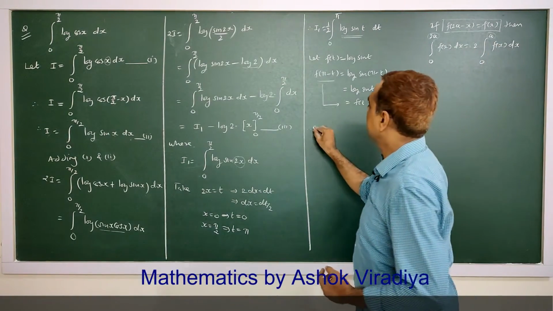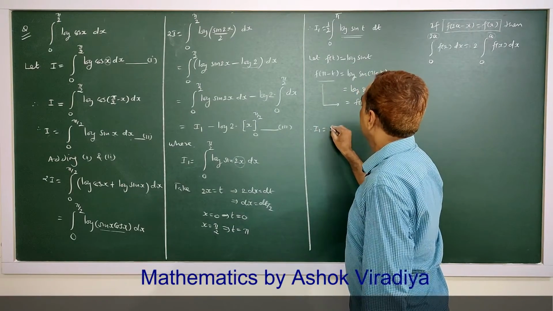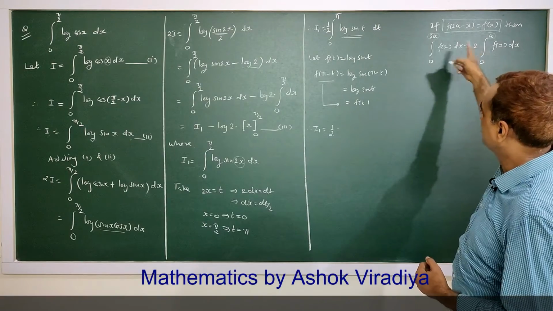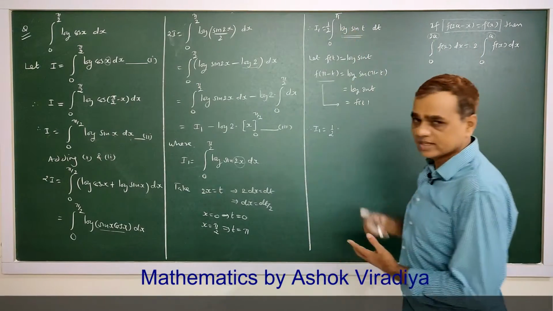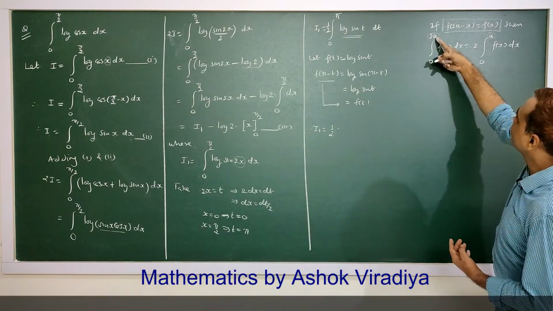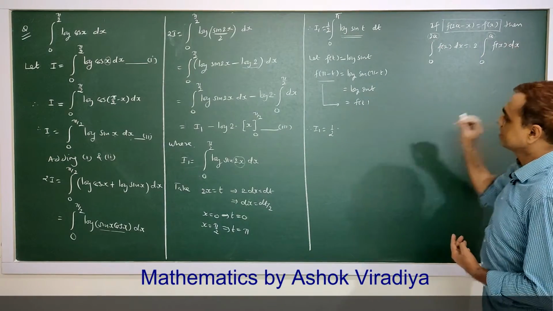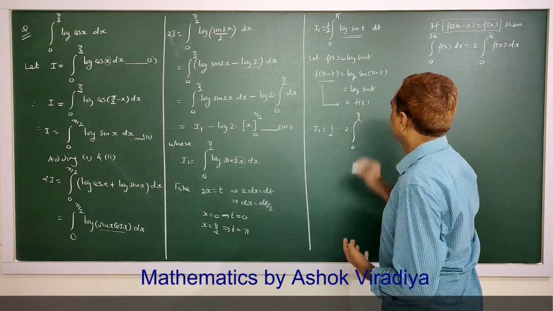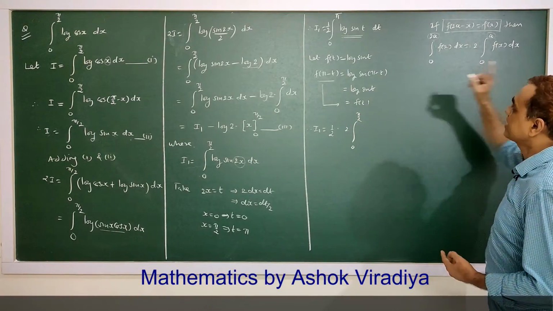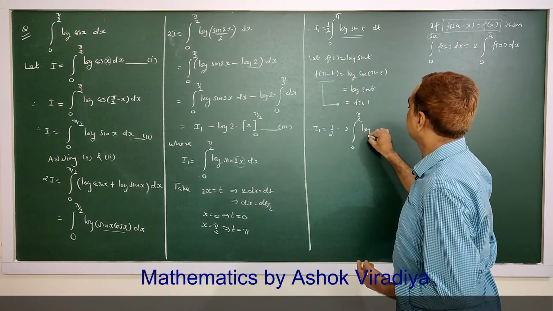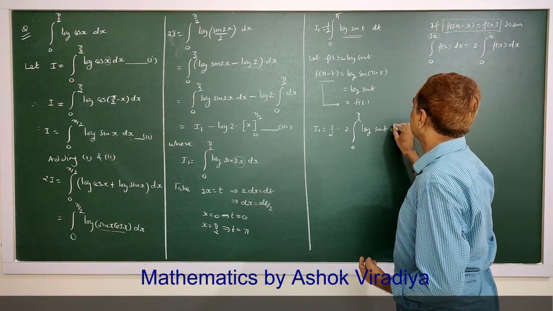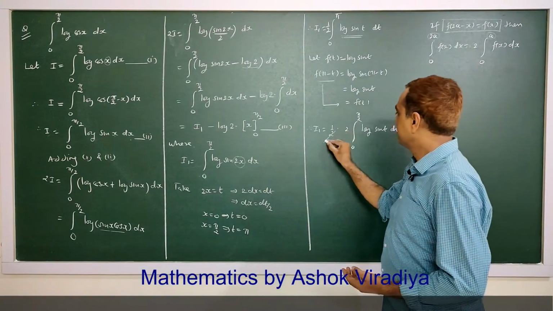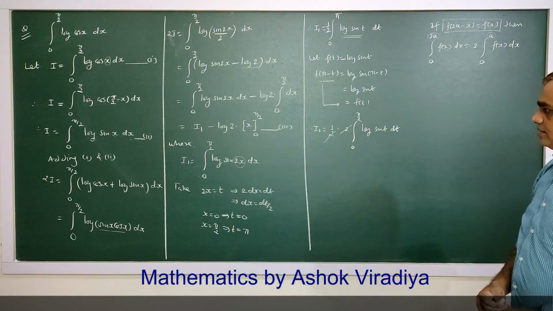Therefore, I1 is 1 by 2. Now using this rule, this was 0 to 2a. Now what I do? 2 times 0 to a. So 2 times 0 to pi by 2 of f t dt. This 2 will be cancelled.